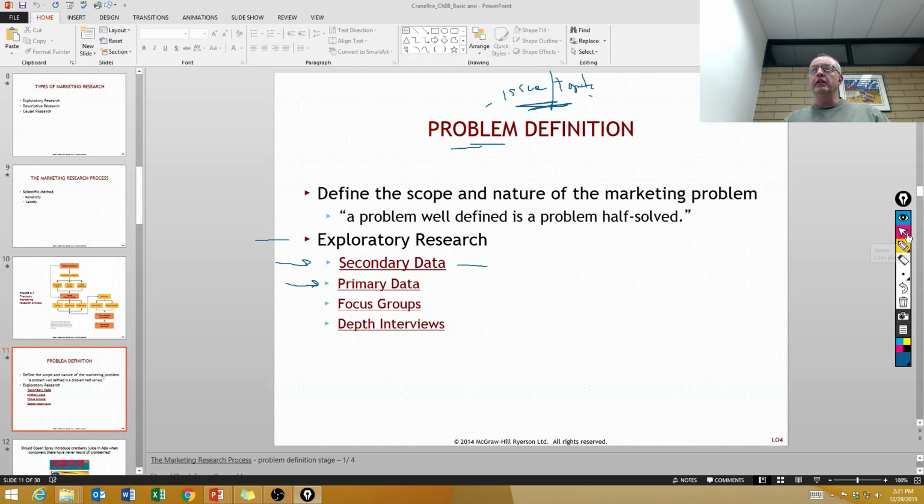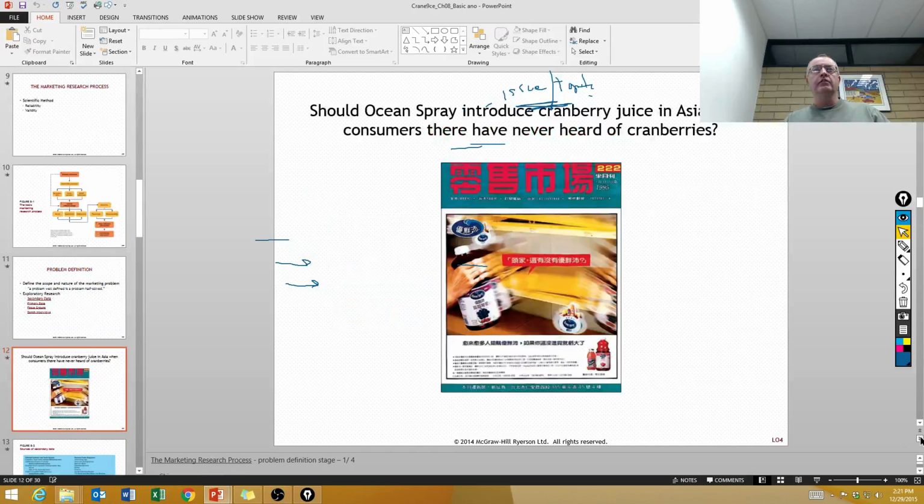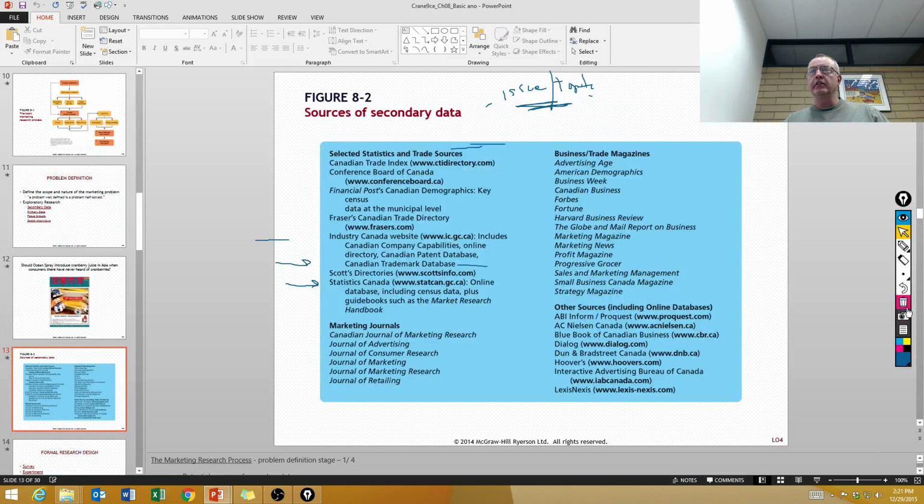Anyways, if we're going to be using secondary data, there's a long list of potential sources of secondary data. We might have some sources of statistical information. So, for example, we might look at some stats collected from Statistics Canada, or the Conference Board of Canada, or some publications might have some demographic information about different markets across the country.